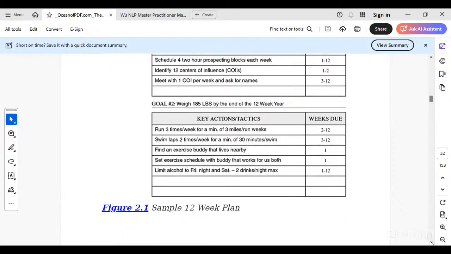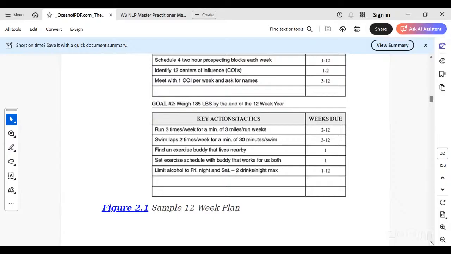So goal 2, weigh 185 lbs by the end of the 12-week year. So what are the key actions involved in this? Run 3 times per week for a minimum of 3 miles per run, weeks 2 to 12. Swim laps 2 times per week for a minimum of 30 minutes per swim, from week 3 onwards till 12.